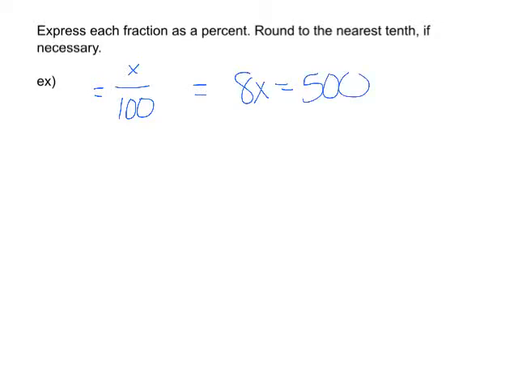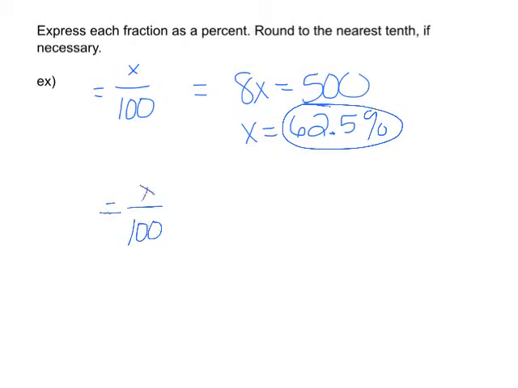When I divide by 8 on both sides, I'm going to get that x equals 62.5. Since it's already over 100, I can just go ahead and add my percent sign to this. So I have 62.5%.